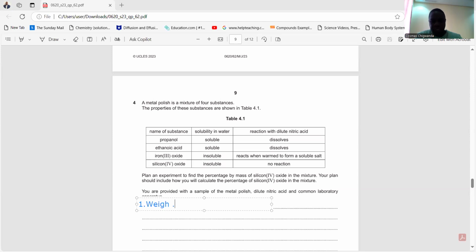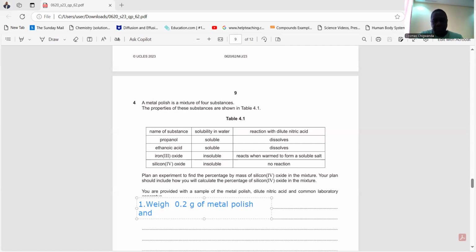The examiner also wants to know whether you are aware of practical masses that can be used in the lab. You can say weigh 2 kgs, but I'm just going to say weigh 0.2 grams of metal polish. So that's the first stage that you're going to do here: weigh 0.2 grams of the metal polish.